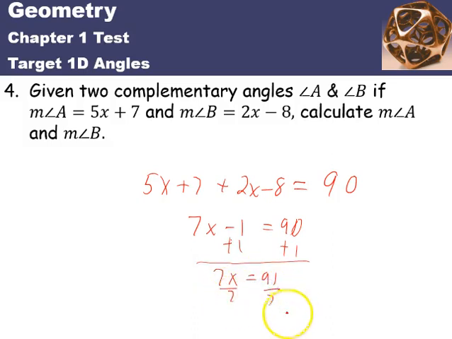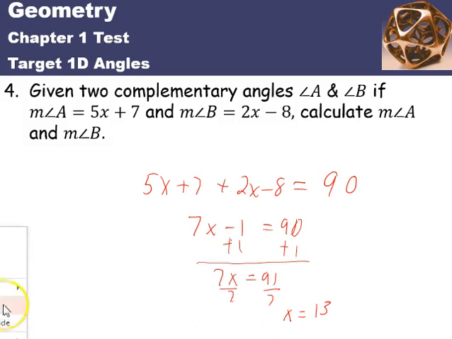Divide by 7, I get I believe 13. Let me just double check that. 91 divided by 7 should be 13. Yep, 13. So x is 13.